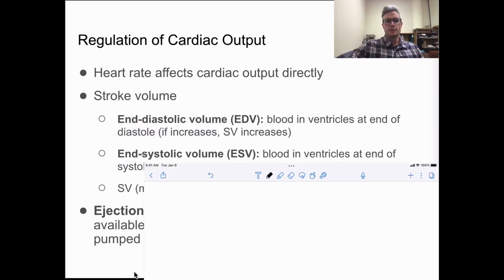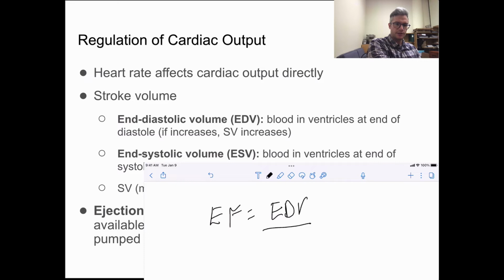Okay, so when we're looking at the ejection fraction, sorry, I almost said factor, it is the amount of blood actually pumped relative to the amount of blood available to be pumped. Again, it's over top if you think of a fraction. I really feel it's helpful to see these variables written out this way. So the amount of blood available to be pumped versus the amount actually pumped is the ejection fraction.